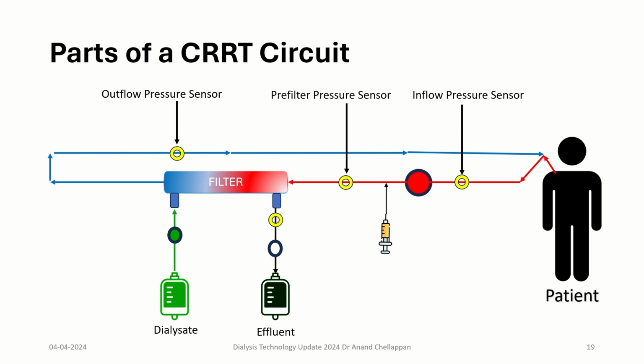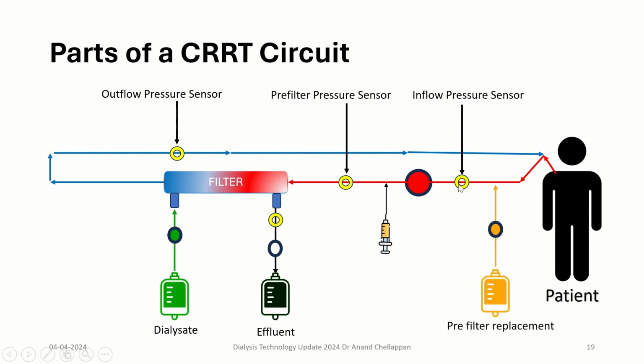Now, if you want to use convective therapy also, then we need to use replacement solutions. Now, these solutions will drag those middle molecules across the semi-permeable membrane into the effluent, giving rise to the convective component. So, they can be given either before the filter or after the filter.